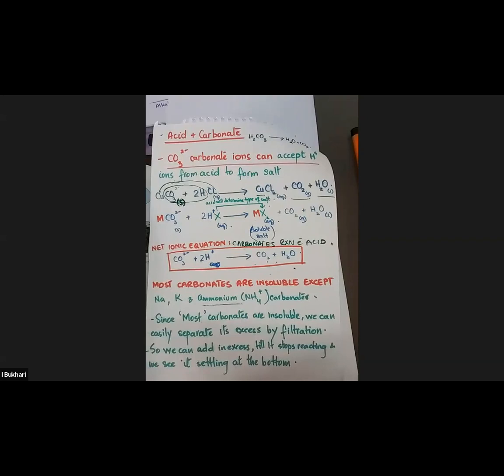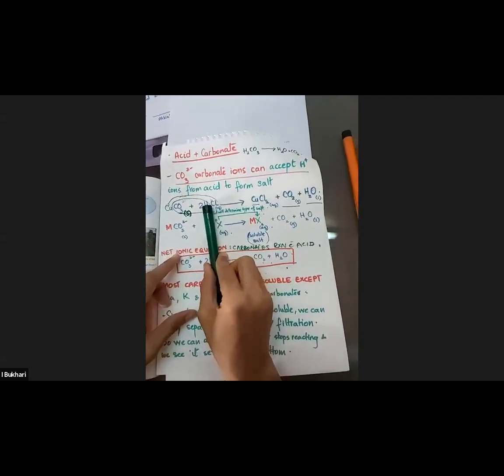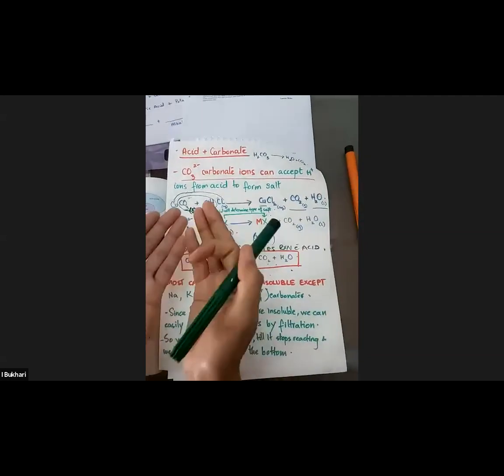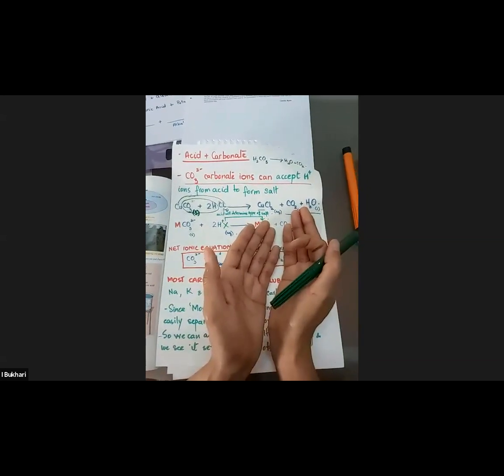Exactly, yes, Hassan. Yes, we add indicator to make sure that all the acid has reacted. That's why we add indicator, because we don't want excess of any of the reactants left over unreacted at the end along with the products.